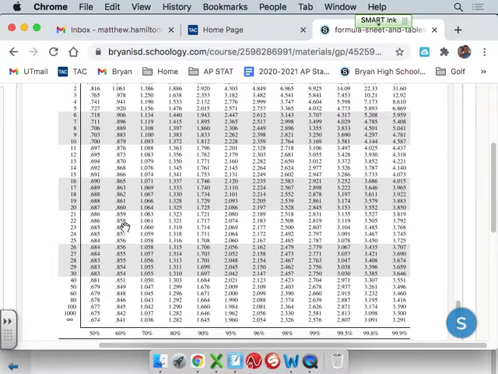Degrees of freedom, 95% confident. Degrees of freedom, what was it, 27? 2.052, I think. So that's my T.